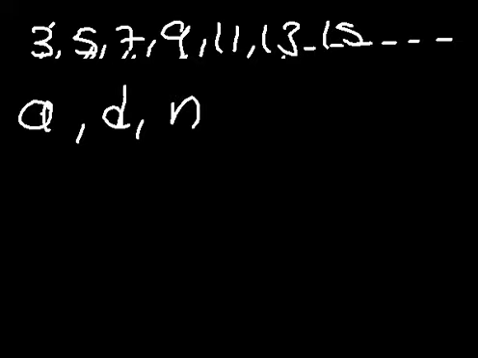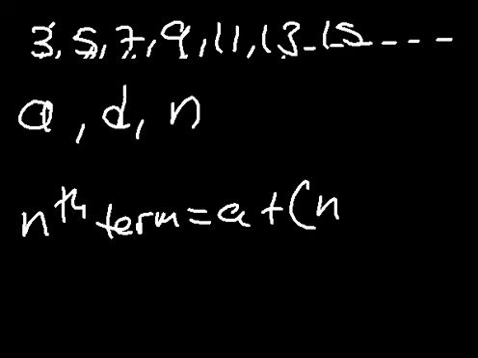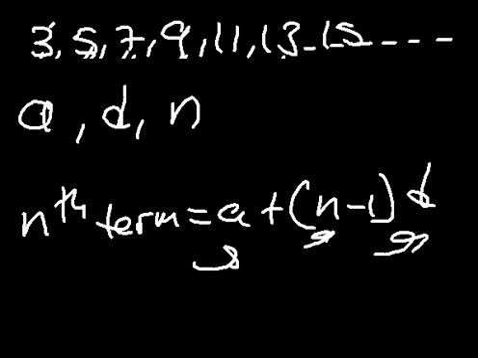The nth term formula is given as: nth term is equal to the first term plus n minus 1 times d, where A is the first term, d is the common difference, and n is the number of terms, where 1 is a constant.